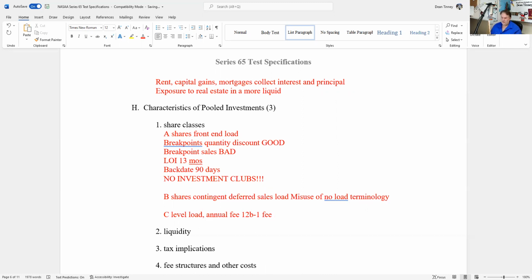And so maybe if the A shares were 4% and the promotional expense, the annual fee, is 0.75%, maybe at some point you would have been better with the A share. And needless to say, you should recommend the share class that's in the client's best interest, right? Whatever share classes there are.